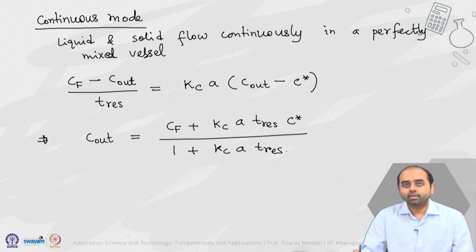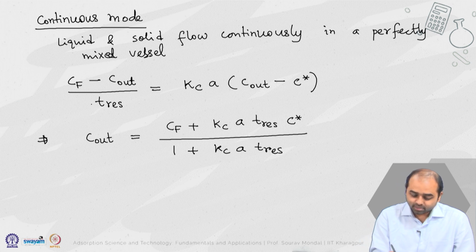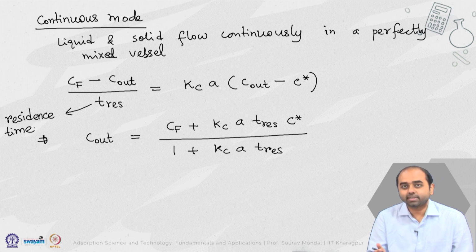So, this is the design equation to relate the outlet concentration in this continuous mode of operation, where C star is the equilibrium concentration and t res is the residence time of the adsorbate species in the vessel of volume Q.